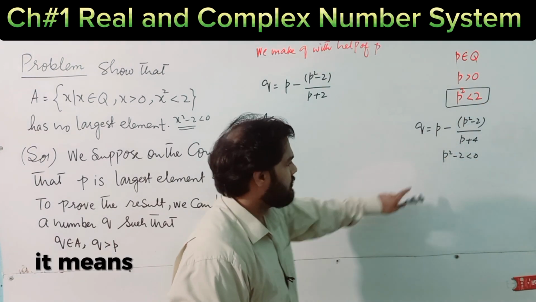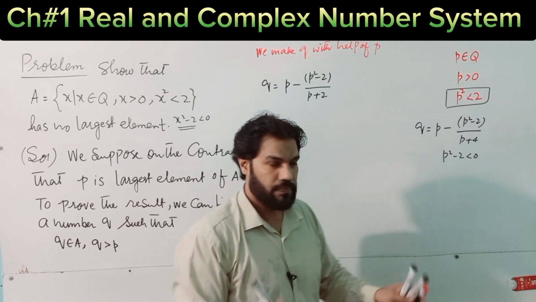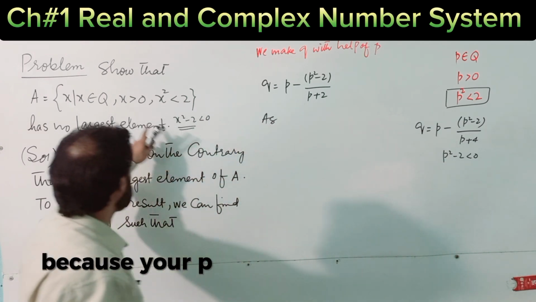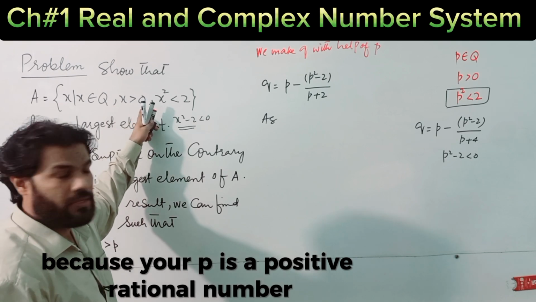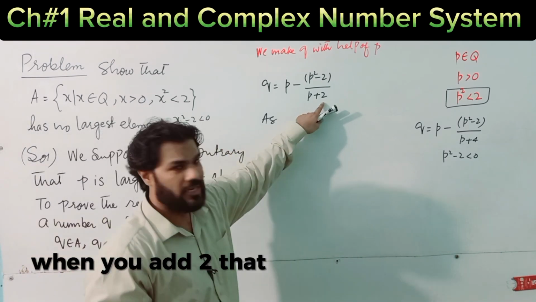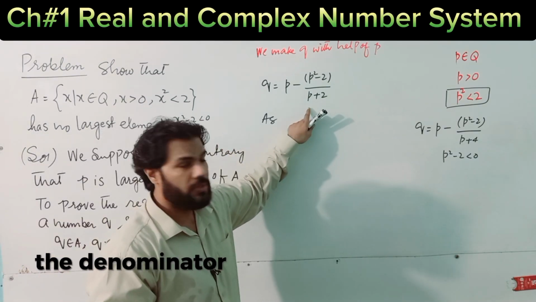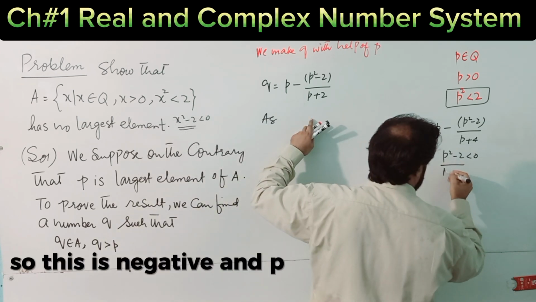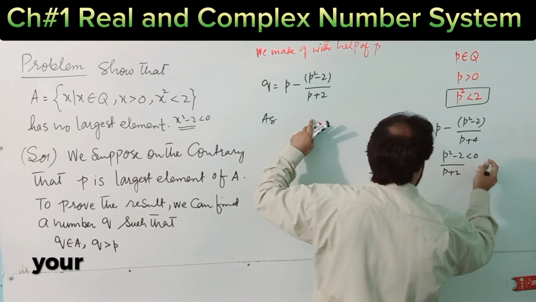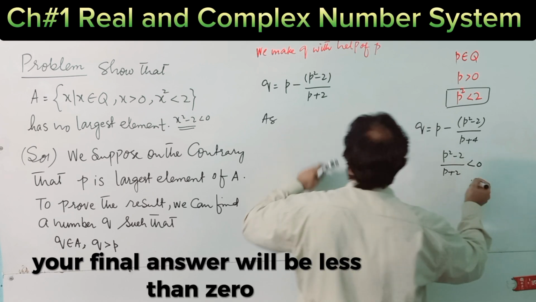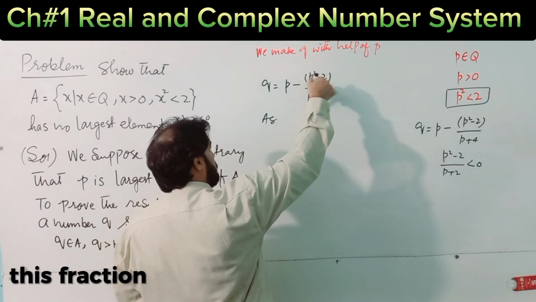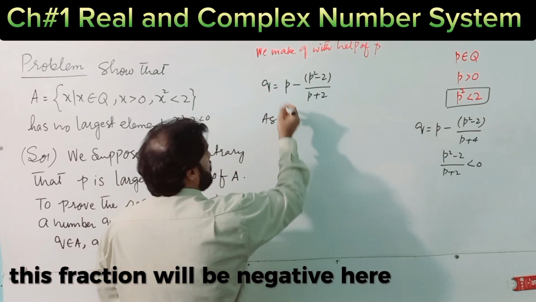It means P square minus 2 is negative. And what about the denominator? Because P is a positive rational number, when you add 2, that is also a positive quantity, so the denominator will always be positive. So this is negative and P plus 2 is positive. Your final answer will be less than 0. This shows that this fraction will be negative here.